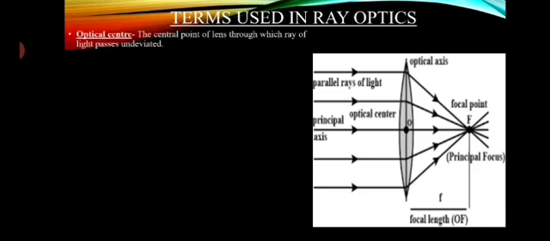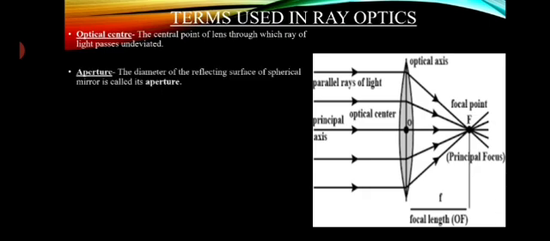Now, what do you mean by optical center? It is nothing but the central point of the lens through which rays go undeviated. That means whenever a ray of light passes through the optical center of the lens, whether it is a concave lens or a convex lens, it goes undeviated.